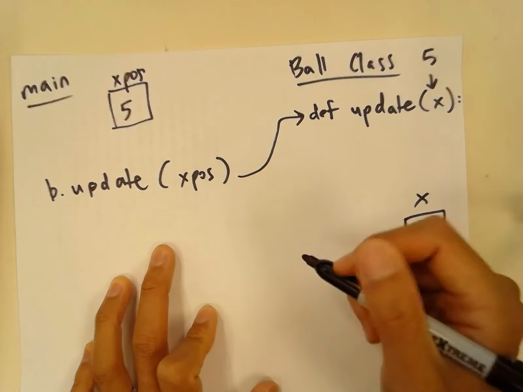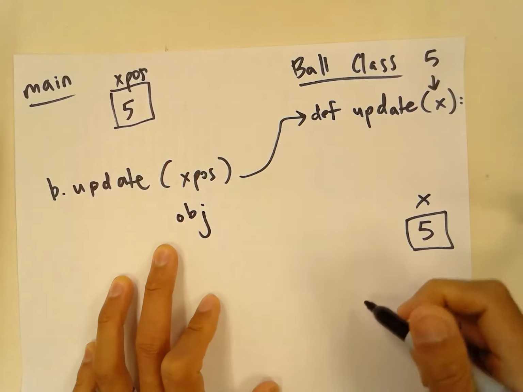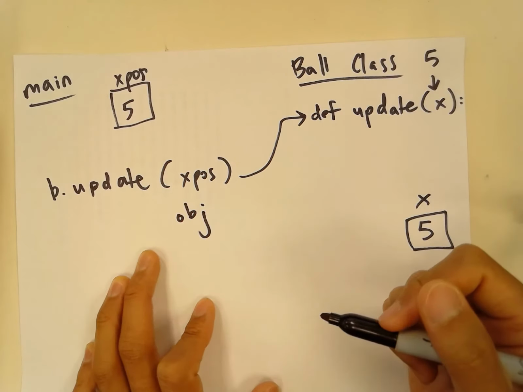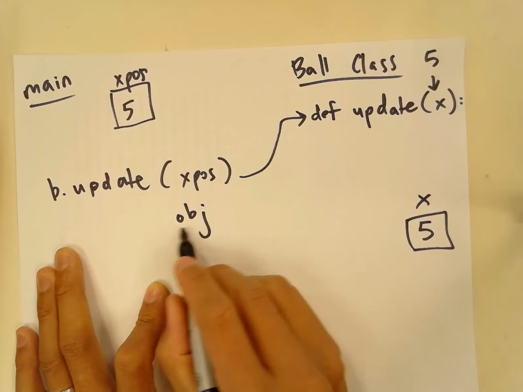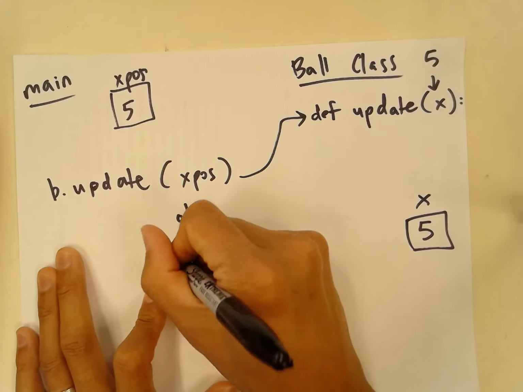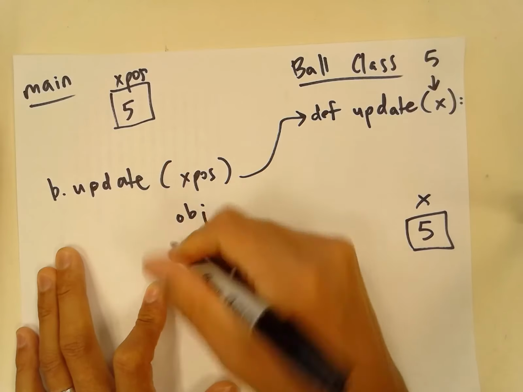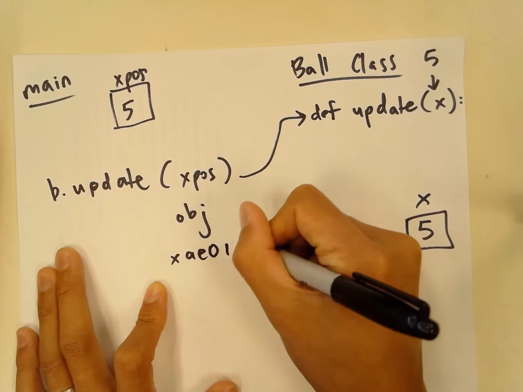But if you pass an object, right? An object is a collection of variables along with methods that you can use to manipulate those variables. So if you print out an object, it's going to give you a hexadecimal value, like x signifies hexadecimal, and then we have something like AE015.